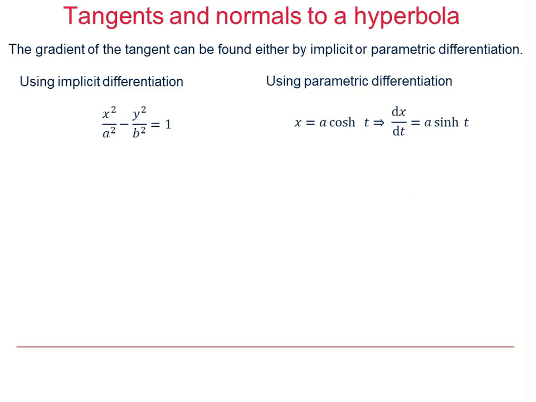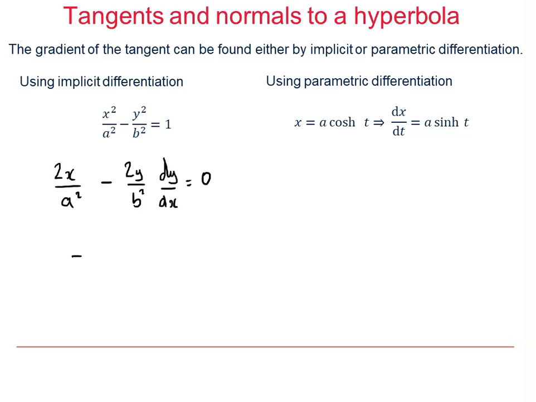So for a hyperbola, we can use one of two methods, either implicit differentiation or parametric differentiation. I just want to go through these very quickly, as you will probably be very familiar with them by now. Taking implicit differentiation first, if we differentiate with respect to x on both sides, this becomes 2x over a squared, minus 2y over b squared dy by dx, so that's the implicit differentiation bit coming in, equal to 0.